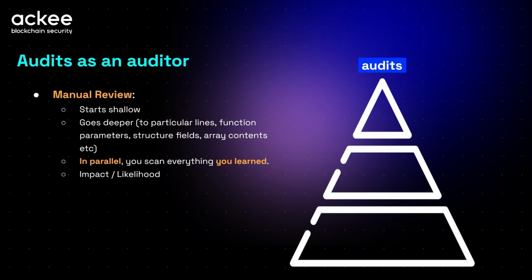Then when you discover something, you need to think about the impact and the likelihood. It is not the case that when you discover an issue, it is automatically critical. No, because issues can vary from smart contract to smart contract. Take the reinitialization attack, or the signature malleability I was talking about. In some smart contracts it can be critical because it can create double spend.